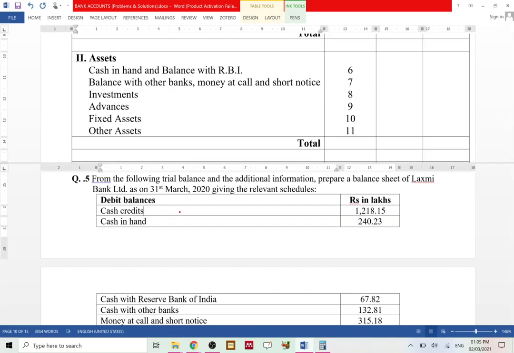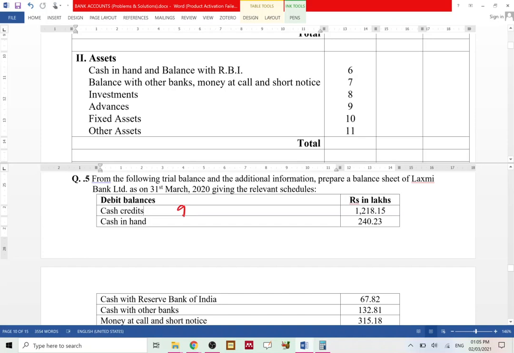Like a lot of businesses, they take short term loans for their working capital needs and these are called cash credits. So, cash credit is a type of loan given. The moment it is debit balance, you know that it is a loan given, alright, it is an asset. So, cash credits is going to go under advances, which is schedule 9.